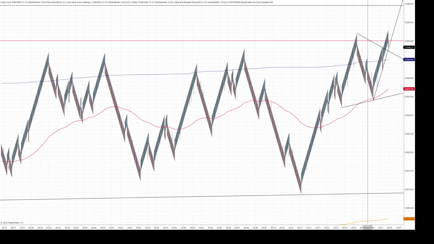But we're gonna have this trend line in the way. All right, not anymore. I'm zooming out to see what the prior swings look like.